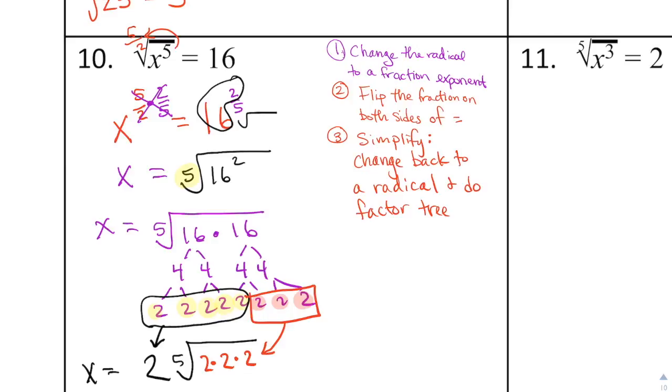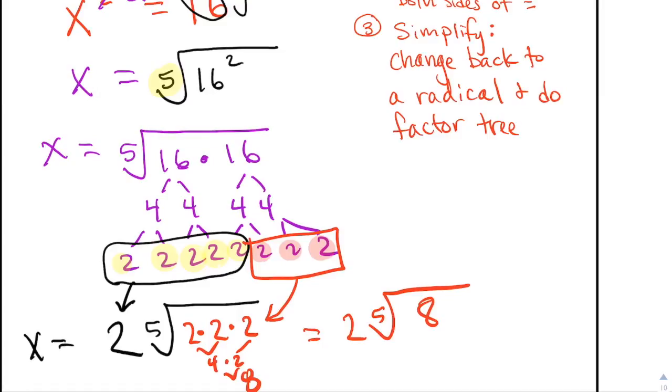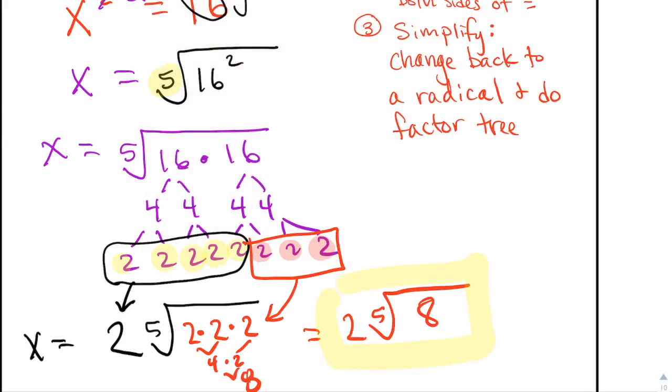I'm going to have to multiply those back together. So I have 2 5th root. 2 times 2 is 4. 4 times another 2 is 8. So 8 underneath. All right. And that is my final answer. Yikes. Lots to do there. So that's my final answer.